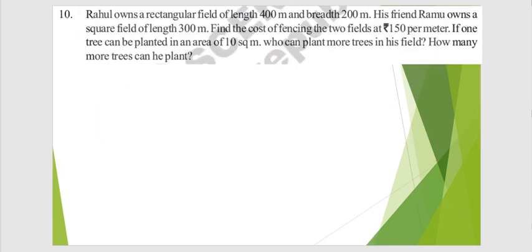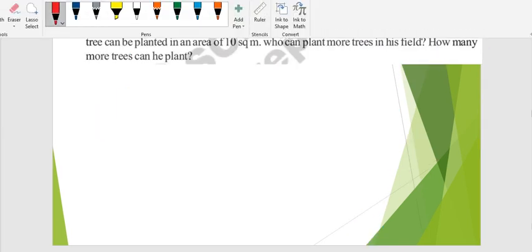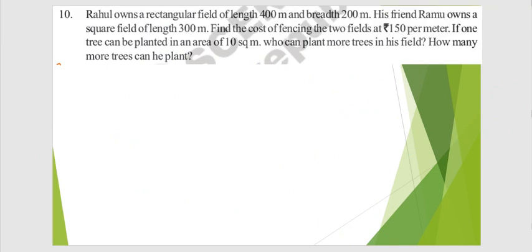Moving on to the next question. This is somewhat big, so listen carefully. One of the important problems. Rahul owns a rectangular field and it is having length 400 meters, breadth is 200 meters, and Ramu is his friend who also owns a field, but his field is in the shape of a square and its side length is 300 meters.